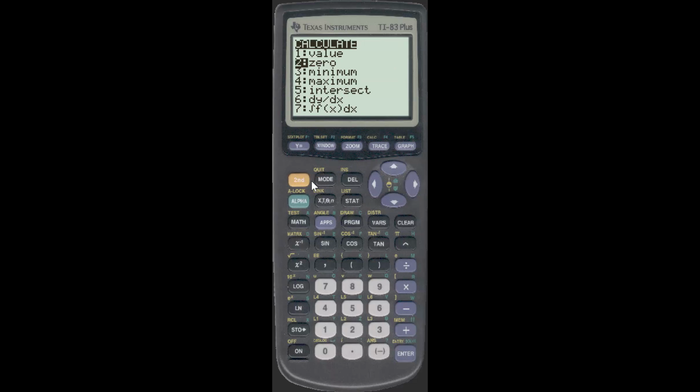Second calc, zero. You have to do that, and you should see left bound. Do you see left bound? Yeah, I see it now. Okay, so go left of where it crosses, and go a little bit below and hit enter.